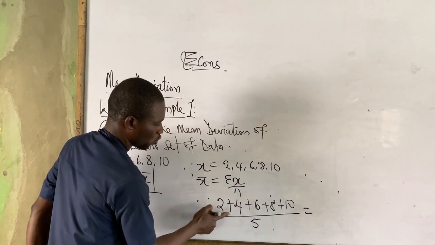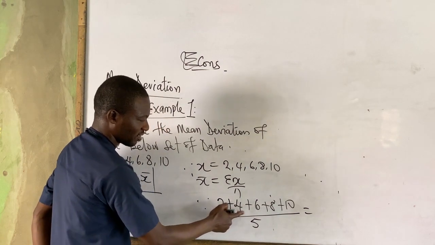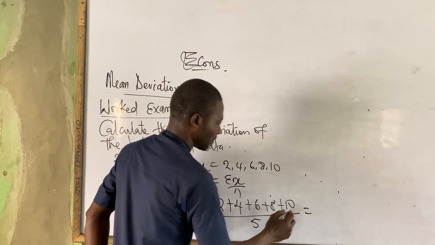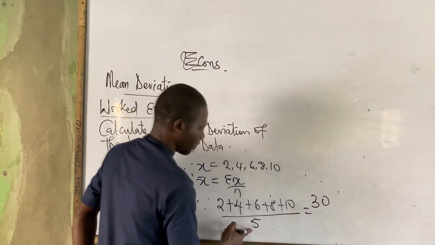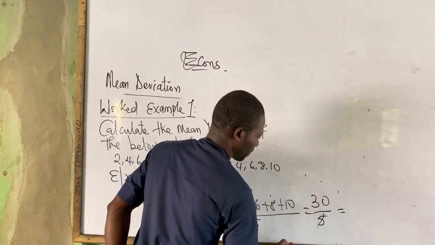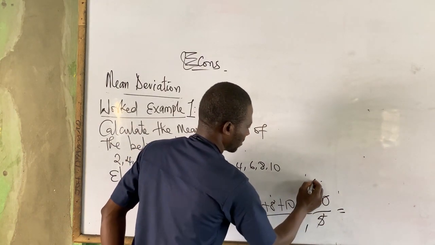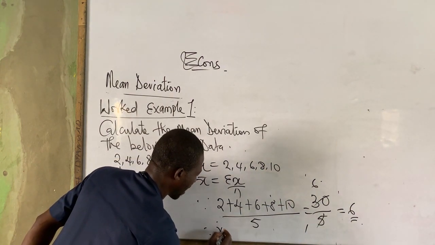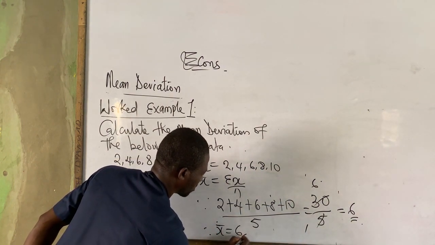Therefore, we have 2 plus 4, that gives us 6, plus 6, that is 12. 12 plus 8, 20, plus 10, it gives us 30. Divided by 5, which gives us 5 in 30, we have 6. So therefore, our bar x equals 6.